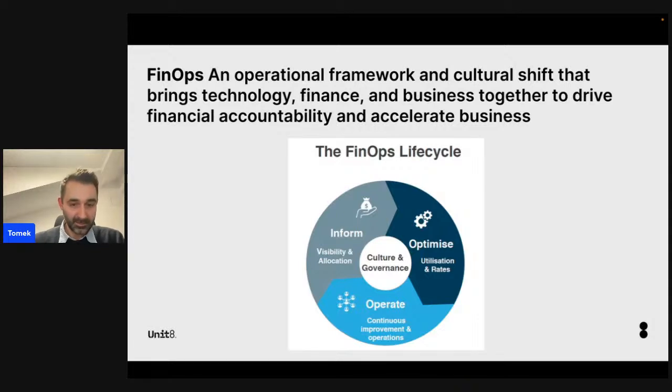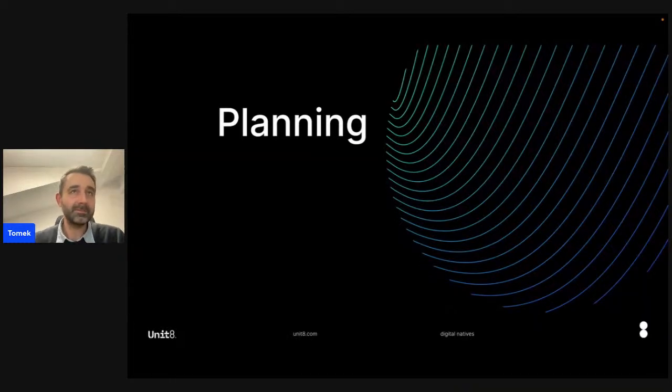So the areas in a classical FinOps lifecycle are very close to the approach that we are proposing, and those two approaches complement each other, and they're quite similar. I also encourage the audience here to read about FinOps. It's definitely worth knowing about. So let's start with planning.